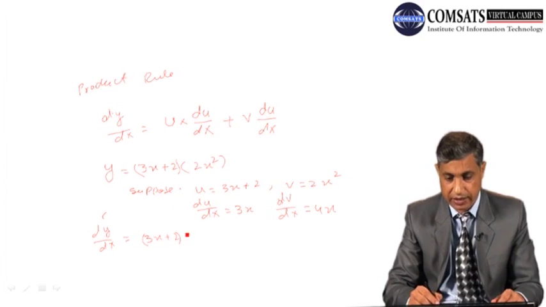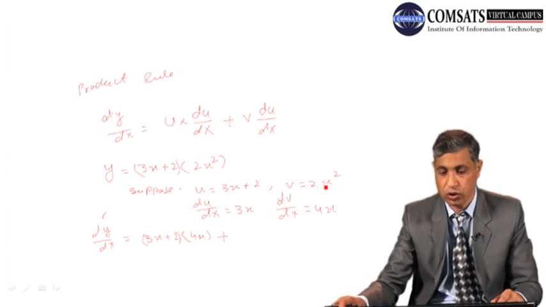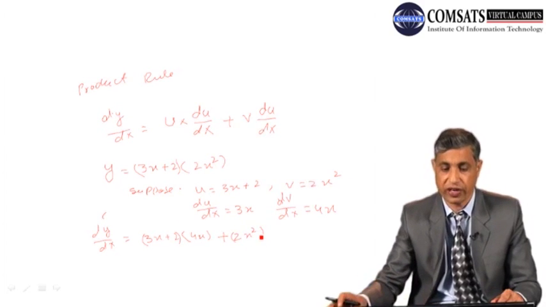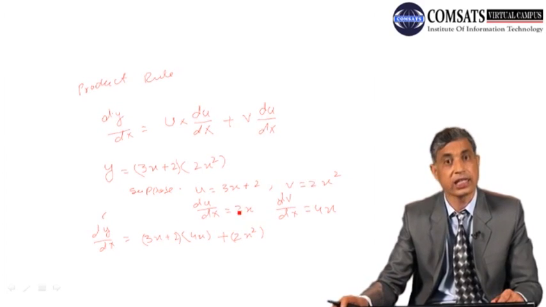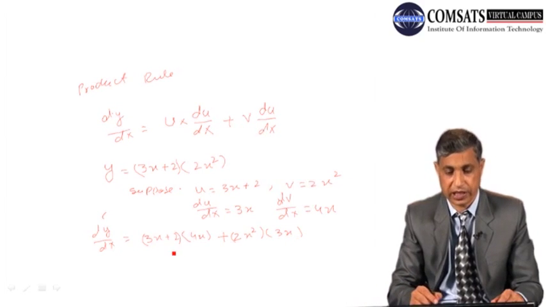So I will multiply it by 4x plus v. The value of v is equal to 2x square, multiplied by du over dx, which is here 3x. Now it is simple multiplication.